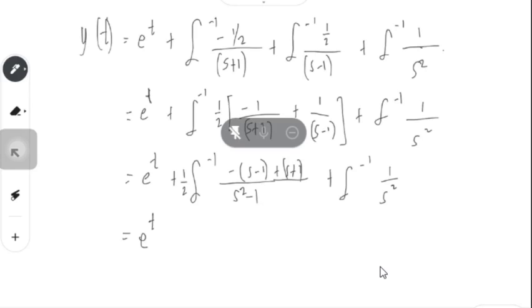Negative S, negative S. Tama ba? Cancel yung 2. So, ito yung magiging plus the inverse Laplace transform of 1 all over S squared minus 1. Okay? Then, minus or plus.